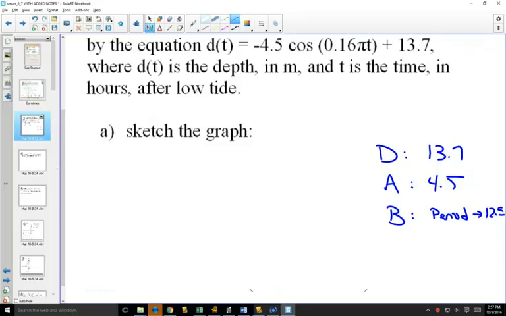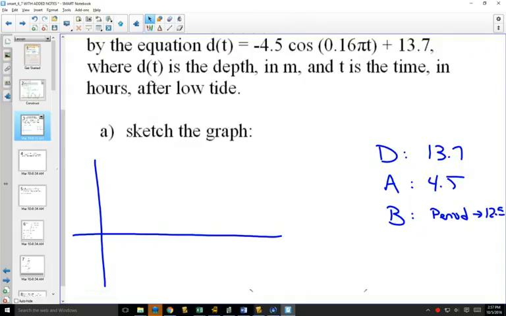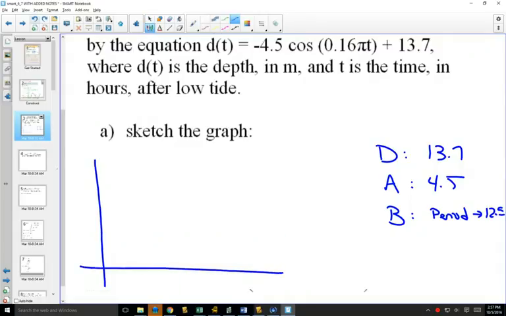How does this show up on our graph then? Well, I'm going to draw this line further down because I already know that my center line is up at 13.7.